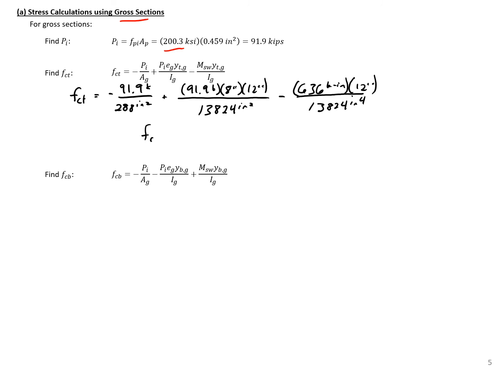So this will give us a stress here in the top fiber equal to negative 0.233 KSI.